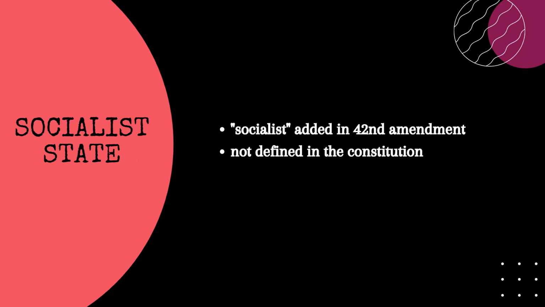It does not mean total exclusion of private enterprise and complete state ownership of material resources of the nation. Democratic socialism aims to end poverty, ignorance, disease, and inequality of opportunity. So, the socialistic concept of society should be implemented in the true spirit of our constitution.